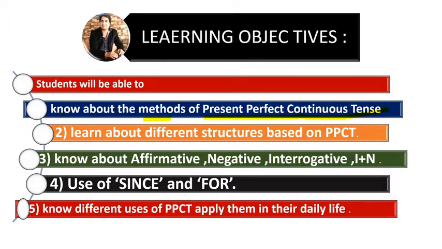We will also know about different structures based on present perfect continuous tense. We will know what an affirmative sentence is, what a negative sentence is, what an interrogative sentence is, and what the relationship between interrogative plus negative is. Along with this, we will also discuss WH forms.